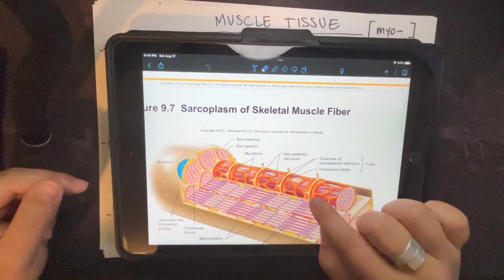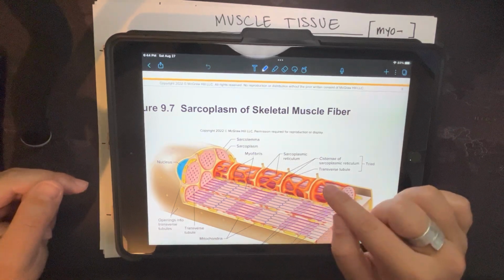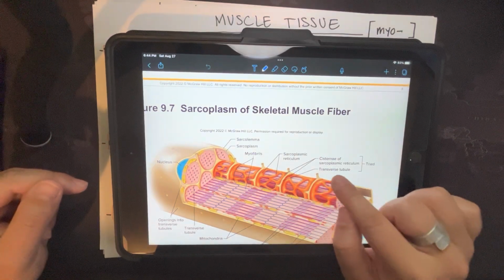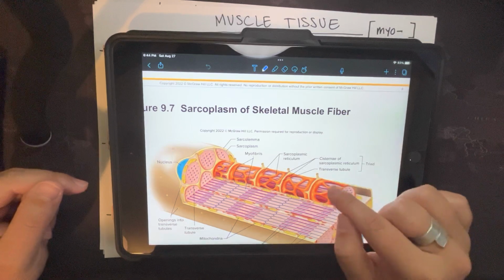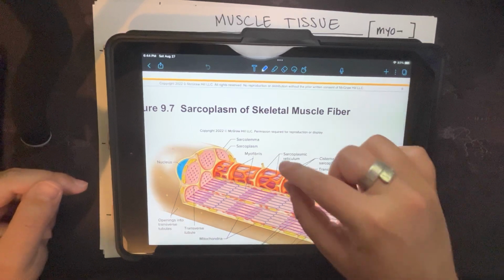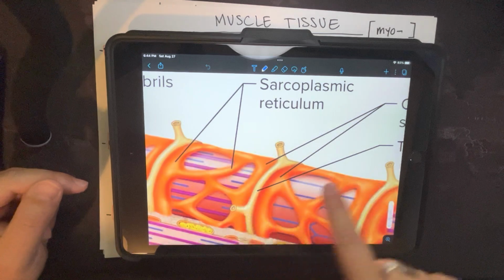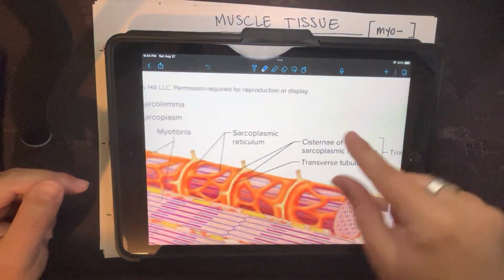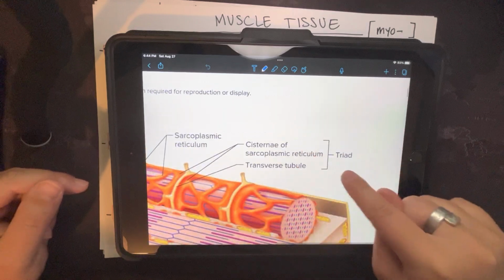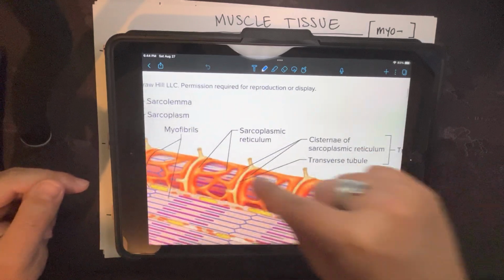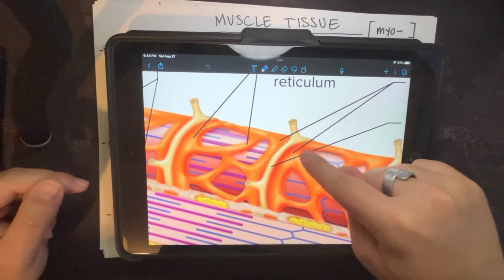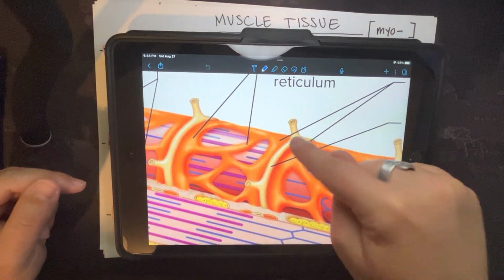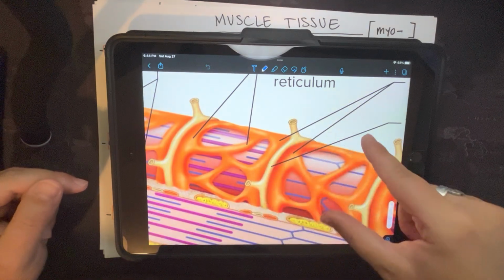We're going to have a very close relationship between this T tubule, this transverse tubule, and the sarcoplasmic reticulum, because these three pieces, so our cisternae of our sarcoplasmic reticulum and the T tubule together, are going to create something called the triad. So we're going to have sarcoplasmic reticulum, and the T tubule in the middle of it.